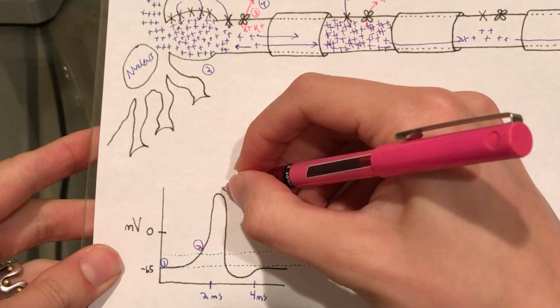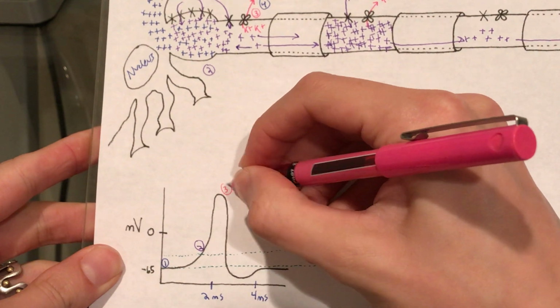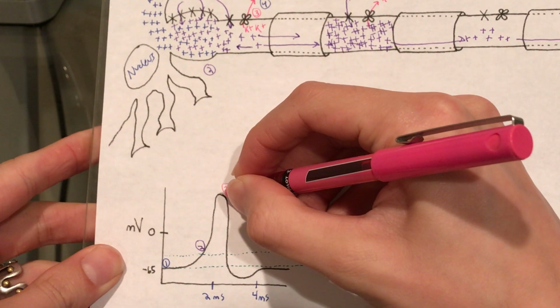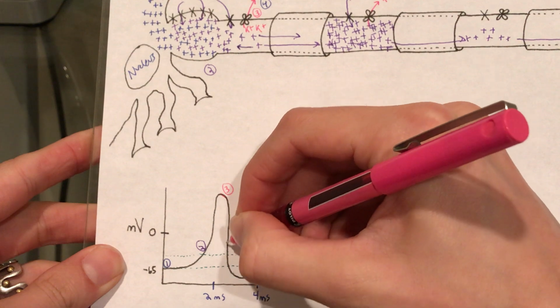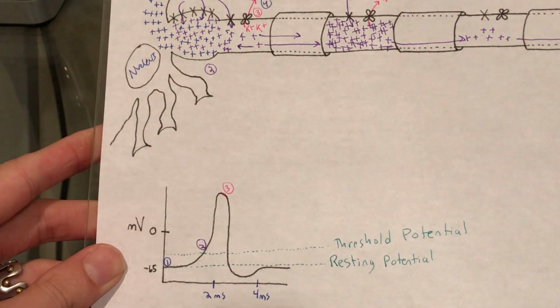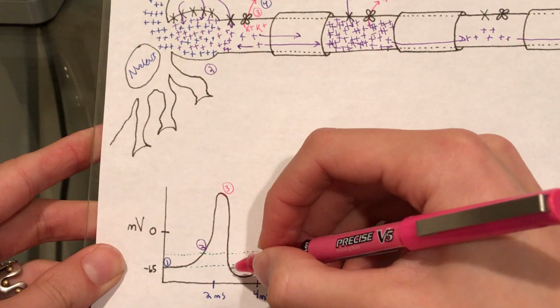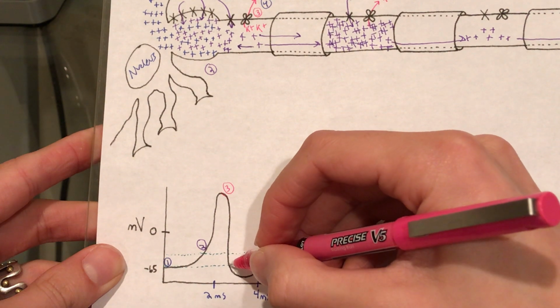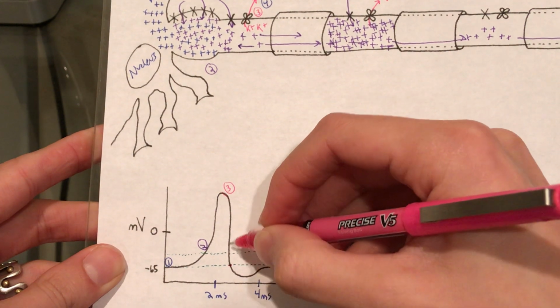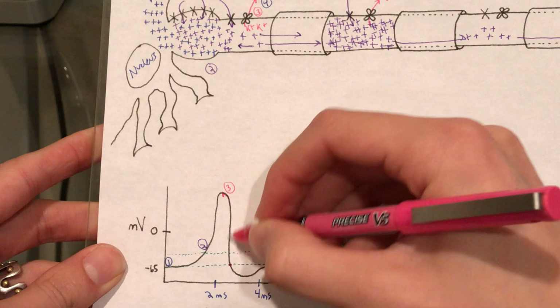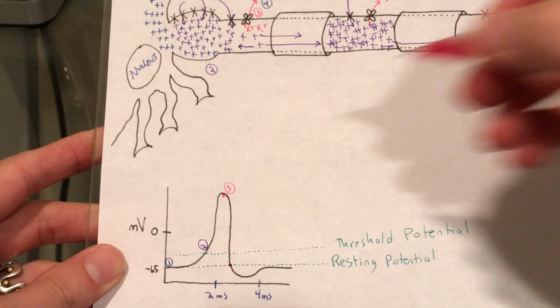So we can say the beginning of step 3 is from here down. And step 3, we can kind of say it goes to about here. So from like the middle here to about there.